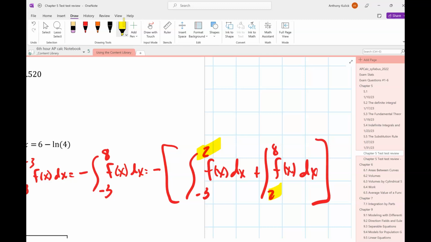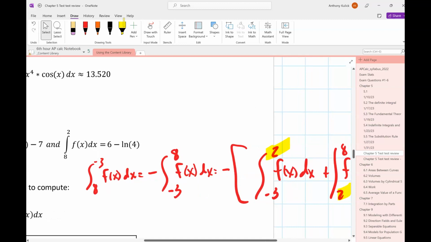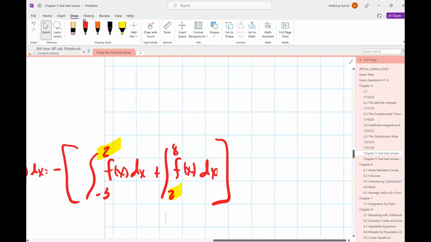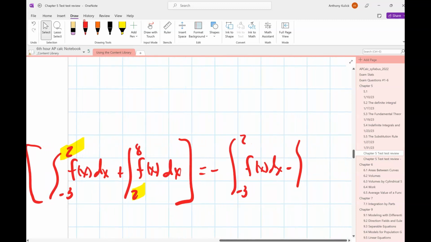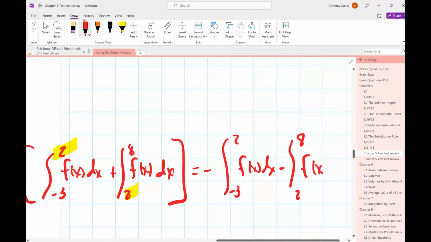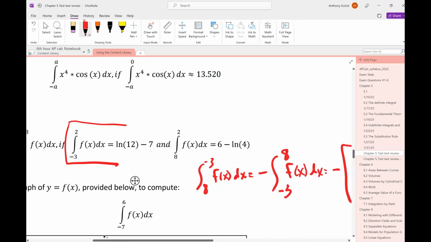Wouldn't it, if you switch that 8 to 2, wouldn't that be negative? Well, I'm going to need to do that still in a second. So I'm not done, right? I'm just explaining what I've done so far. So if I distribute that negative through, I have this. And then this one we have as is, right?